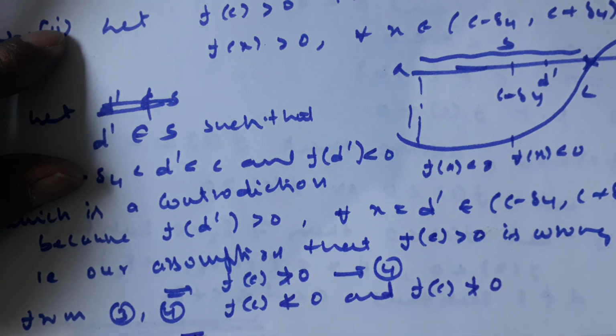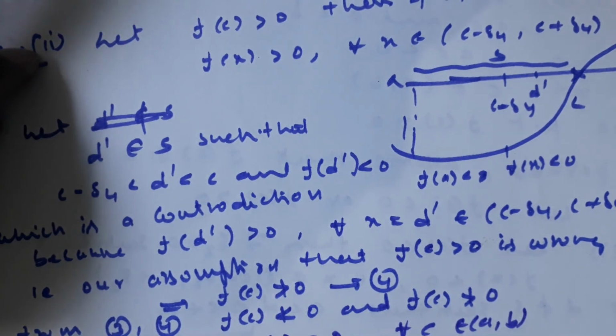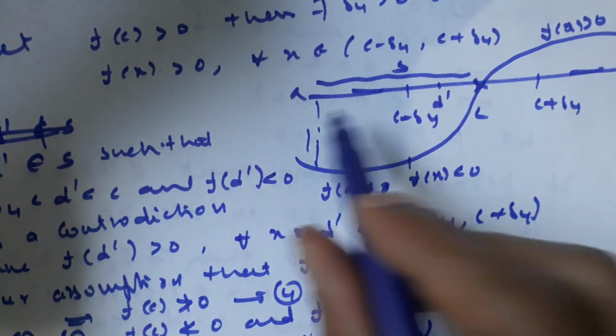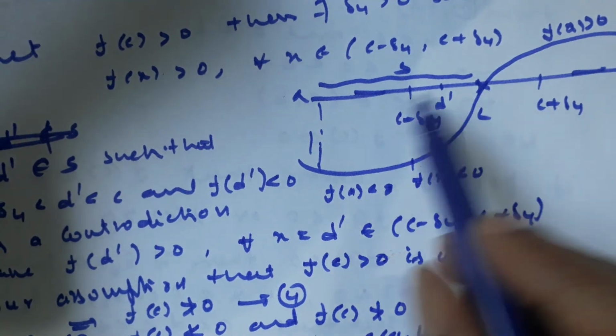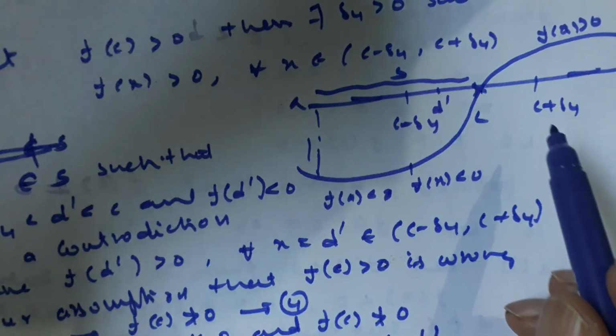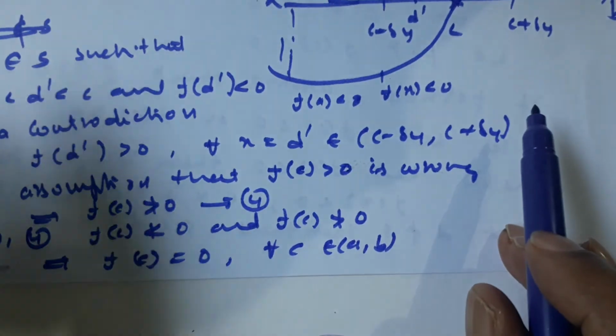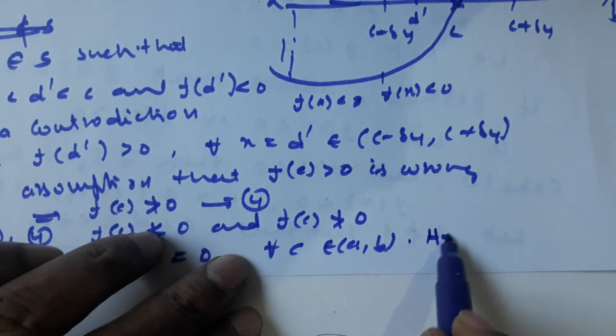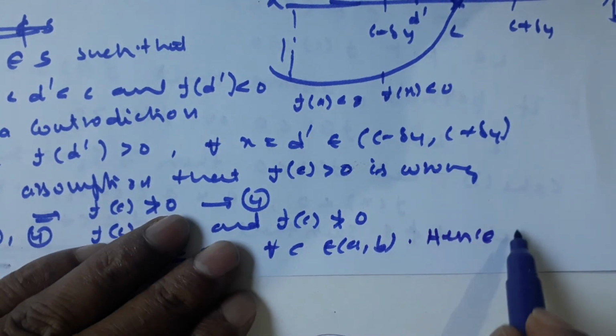This implies f of C is equal to 0 for all C belonging to the open interval a, b. Here a is, b is. In the middle, when we cross the real number line, this value is 0, going from negative to positive. So hence the theorem is proved.